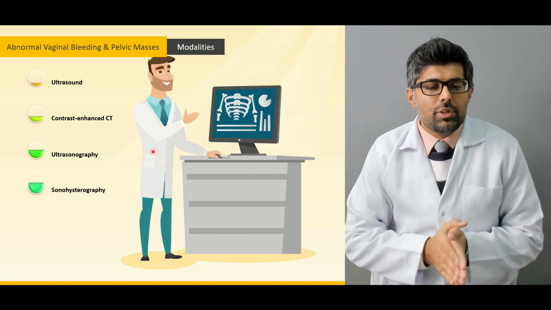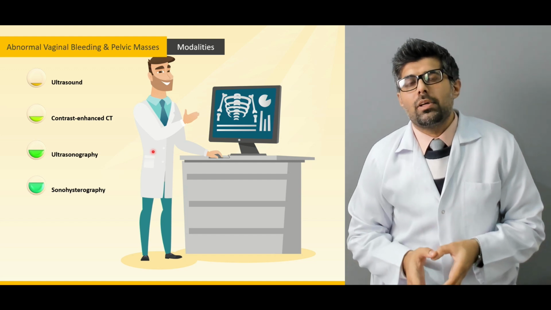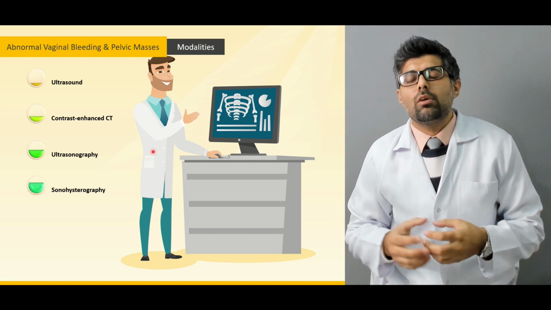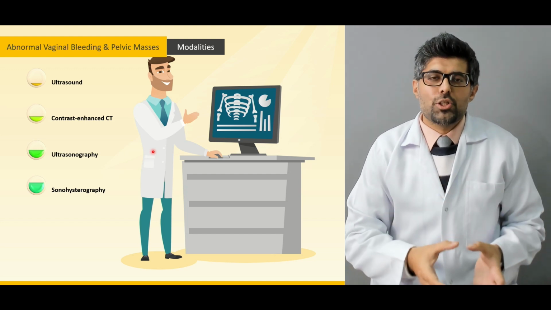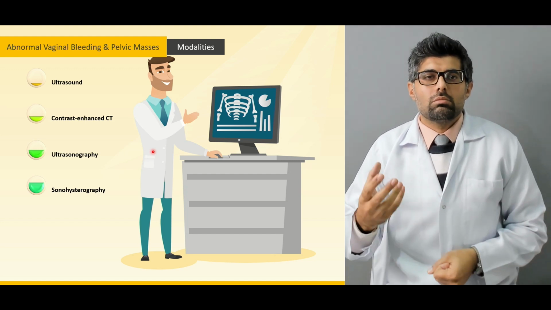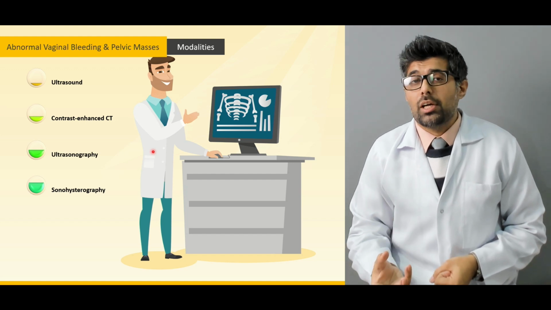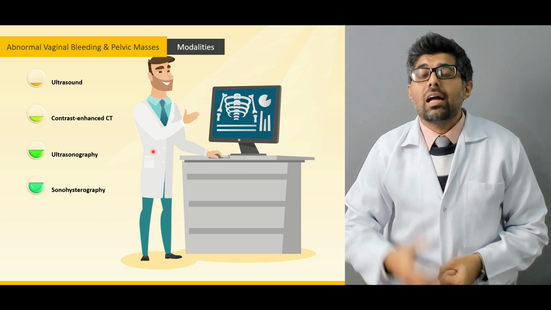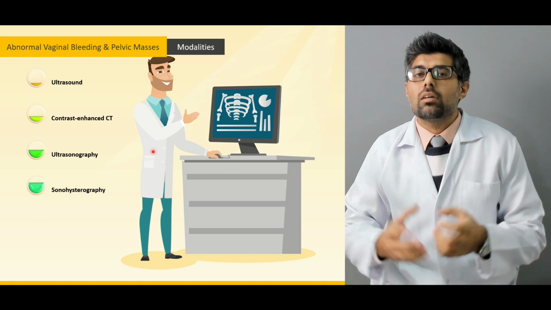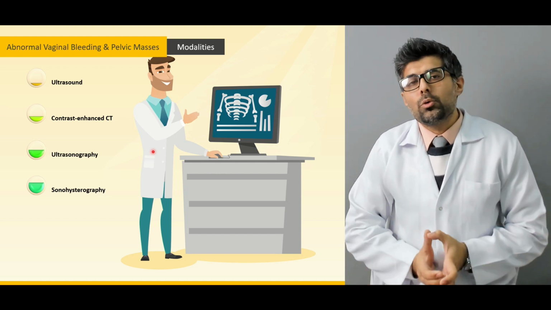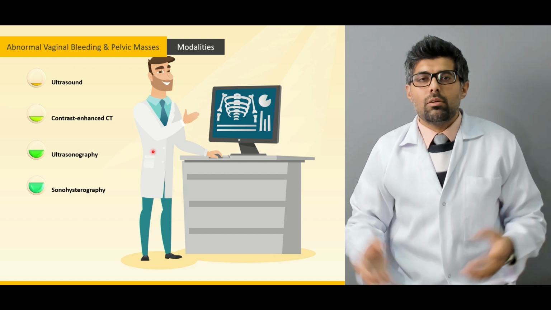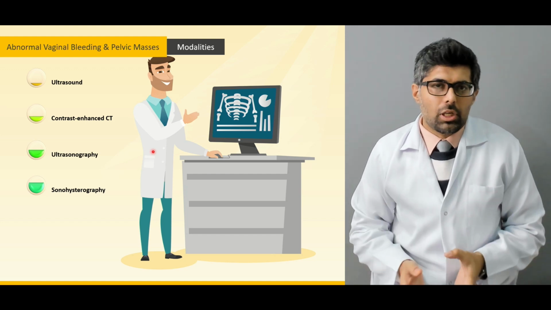Now, then we have the sonohysterography. Now, in sonohysterography, what we do is that again we fill the patient, through a balloon catheter, with saline, and that saline filling can be done up to the fallopian tubes, and through the fallopian tubes it then moves into the peritoneal cavity.